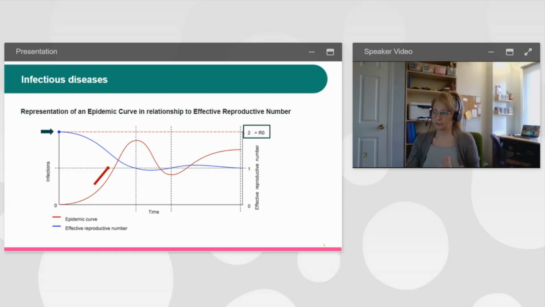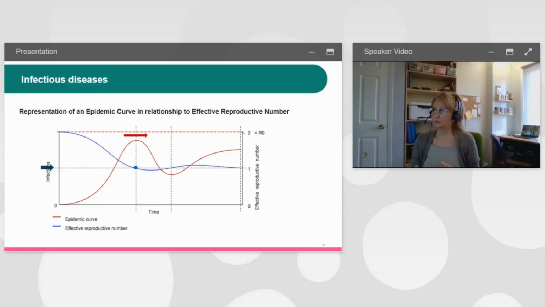If for some reason the effective reproductive number declines, let's say that at this point we are aware that the epidemic is there, we reduce our contact, or a certain measure is introduced, we can see how the number of infected cases starts to slow down.